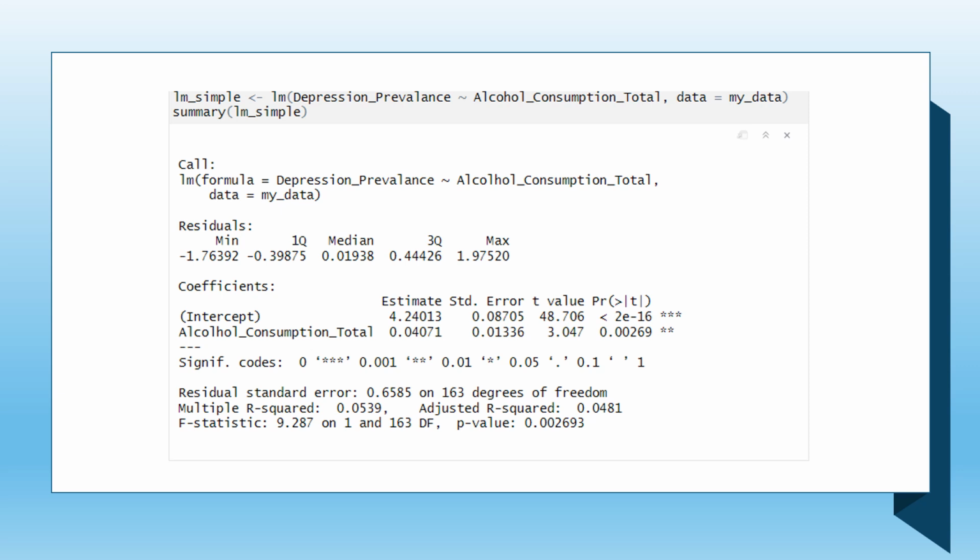It did give us a significant relationship and a slight positive slope between the two variables, but with an R squared of 0.0481, we were really only predicting about 4.8% of the variance in the depression statistic.